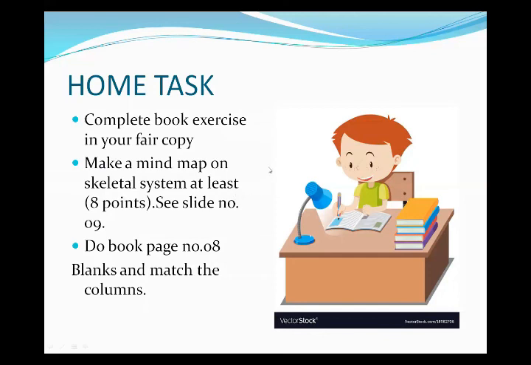These 4 words you first write outside the cloud, and then you will write the function one by one. For the skull you will write: the skull is very important because it protects our delicate brain, you know? Okay, now the blanks and matching column you can do in your book.